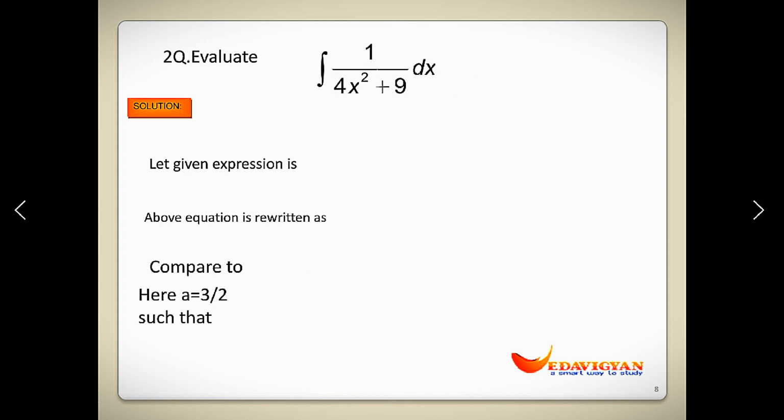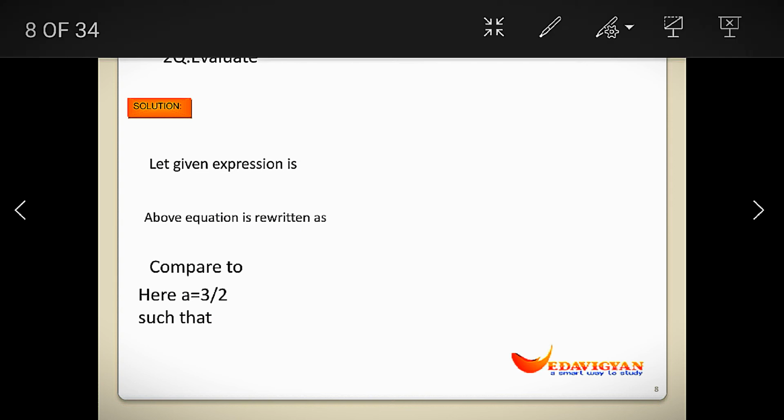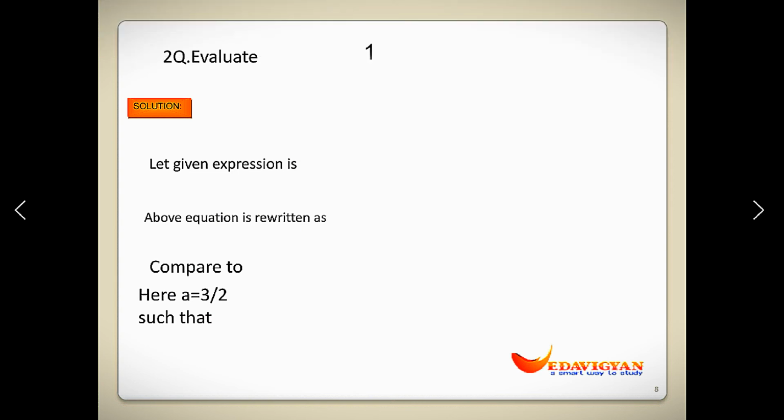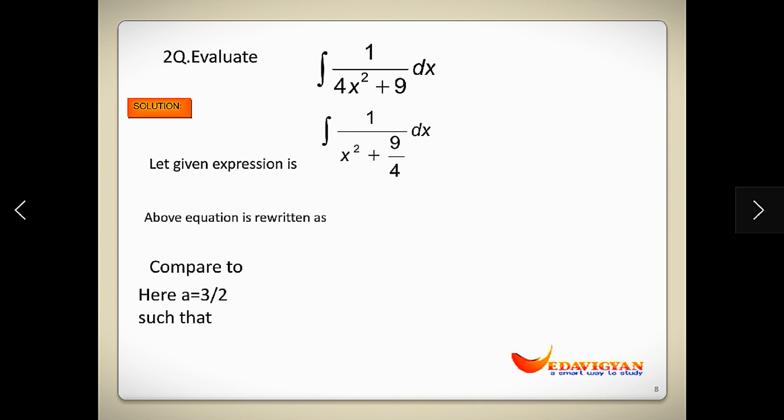Next standard form, look here. This is the standard form. But 4x square plus 9 is not a standard form here; you have to convert it to the standard form. First, rewrite the given expression by taking 4 outside, so it becomes x square plus 9 by 4.